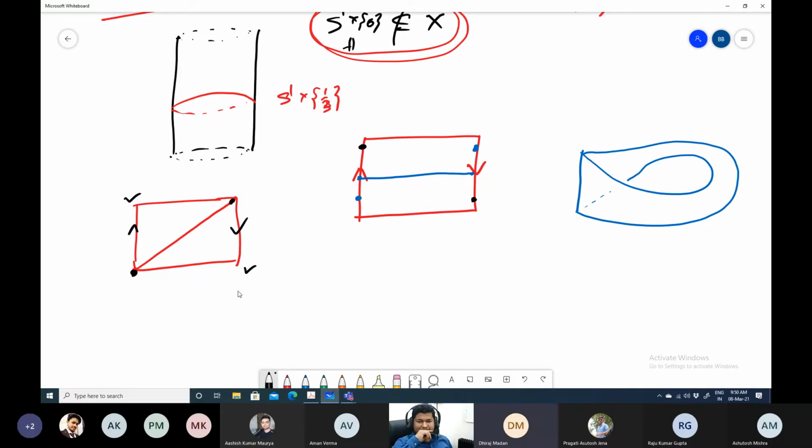But on the folded sheet, after identifying the points together, how does this diagonal look? Your diagonal will look like this. It will go from this one and come back to this one only.